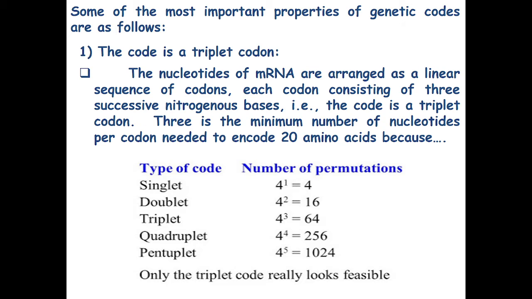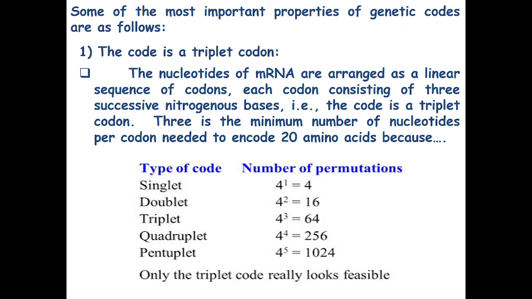Because we have to code 20 amino acids, and to code 20 amino acids, we have 4 letters to code them. If we go by singlet codon, then a single nucleotide will code for a single amino acid. At max we can code 4 amino acids.